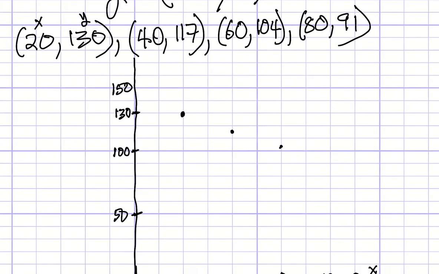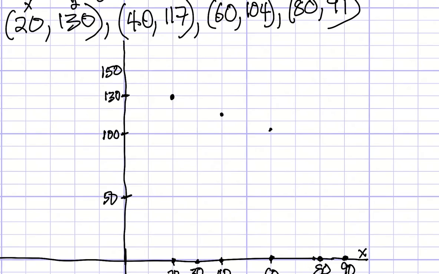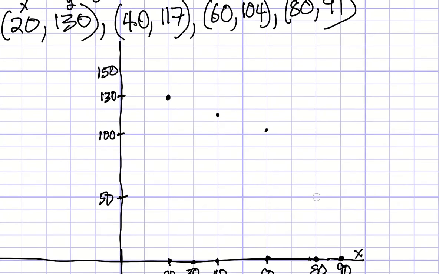And then 60 and 104, we did that. 80 and 91. This is 50 here. 50 is here. And then you have 60, 70, 80, 91 is somewhere here. So we clean the ones we don't need.